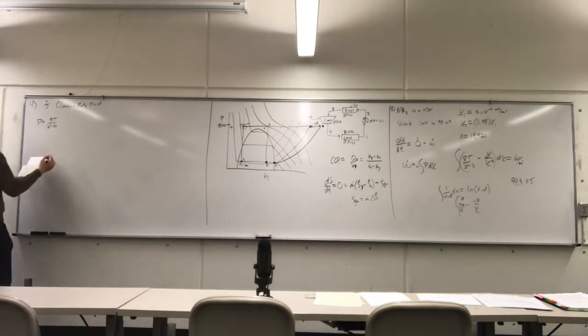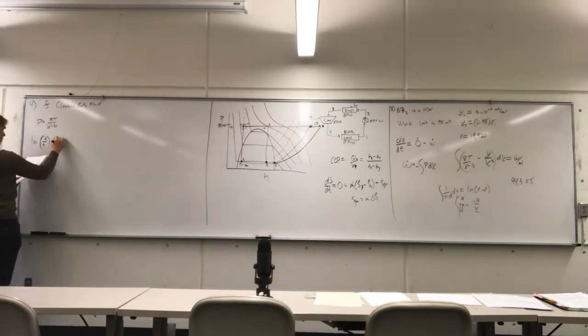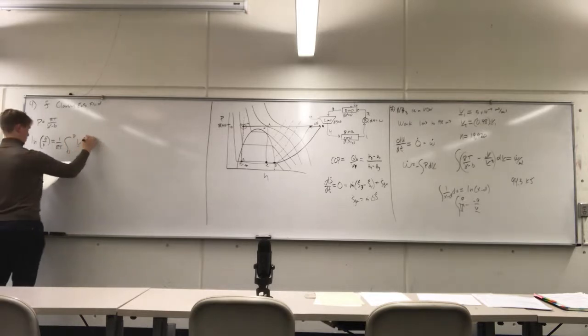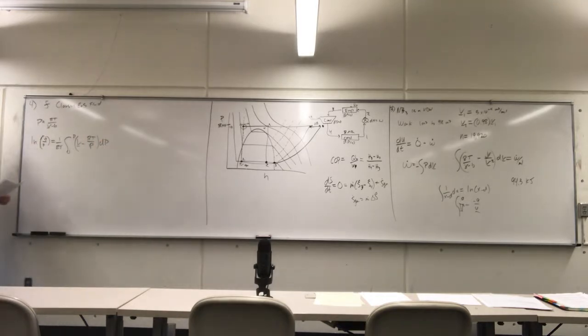The approach that I took was to integrate this expression here, which is the more straightforward of the fugacity definitions. We didn't typically use this one because infrequently were we able to get our real fluid behavior in a volume explicit term.